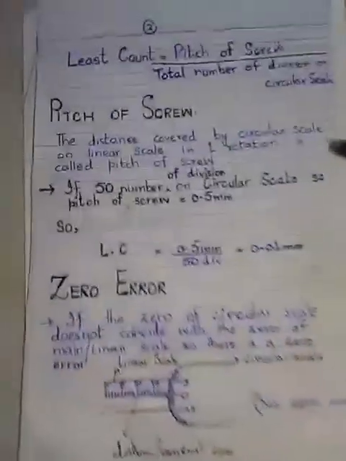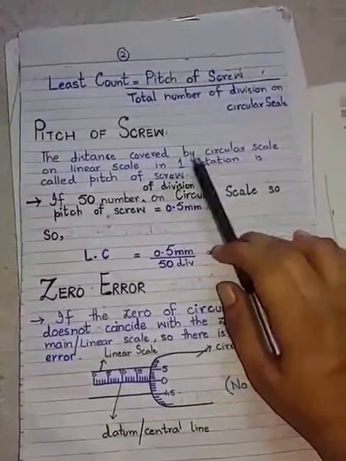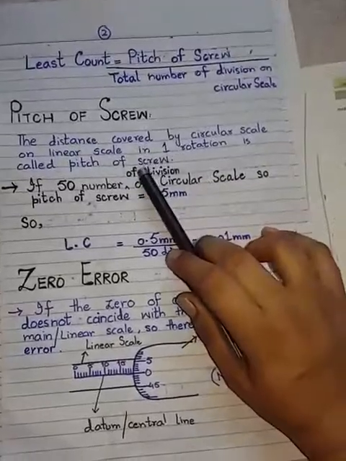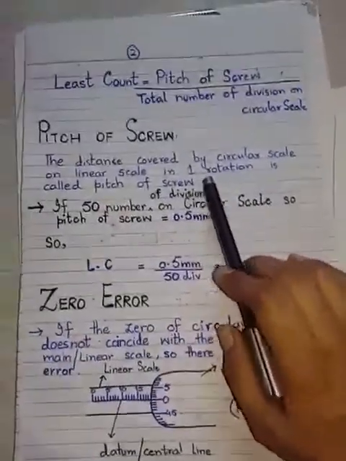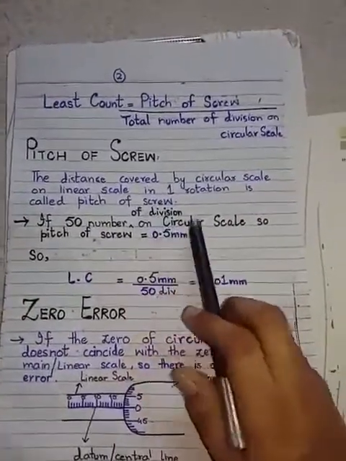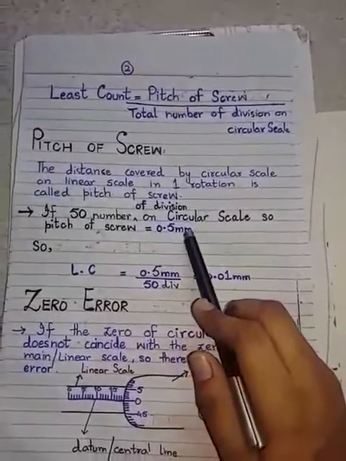The definition of the pitch of the screw is given in your notes: the distance covered by the circular scale on the linear scale in one rotation is known as the pitch of the screw. As I told you, if there are a total of 50 divisions on the circular scale, the pitch of the screw will be equal to 0.5 millimeter.